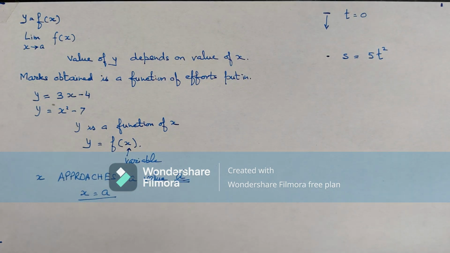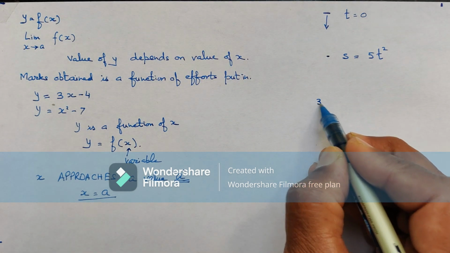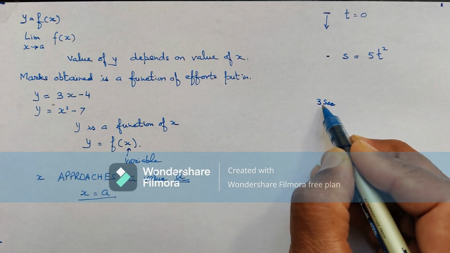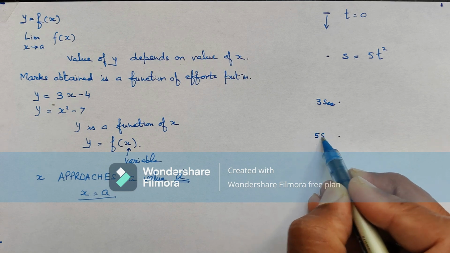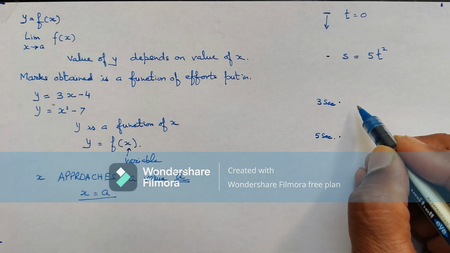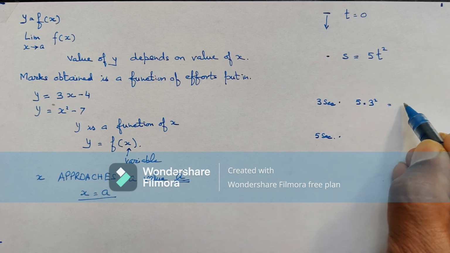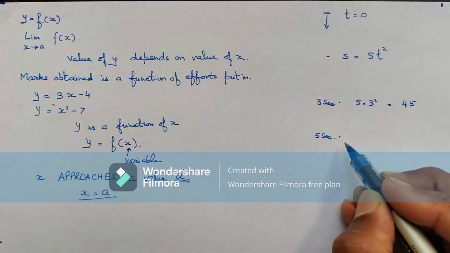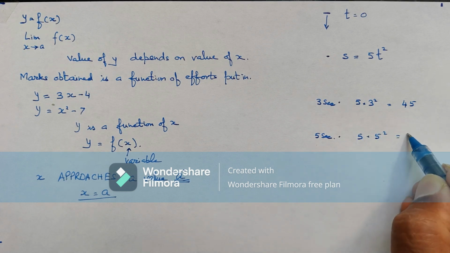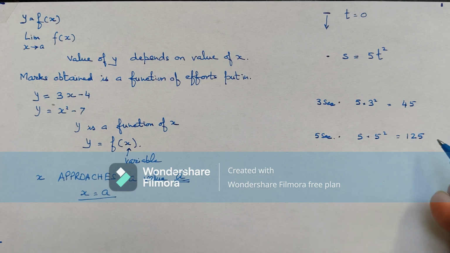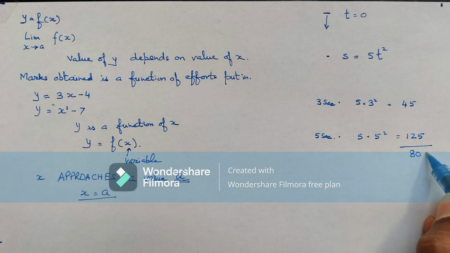What is the average velocity of the stone for the period from a point in time at 3 seconds till, let's say, 5 seconds? What was the distance travelled at 3 seconds? 5 into 3 square is equal to 45. 5 into 5 square is equal to 125. The distance travelled is 125 minus 45, which is 80 meters.